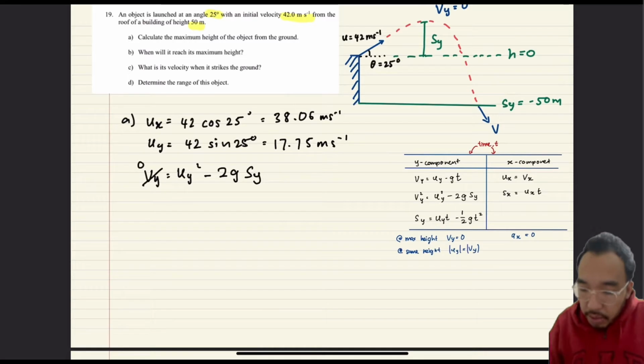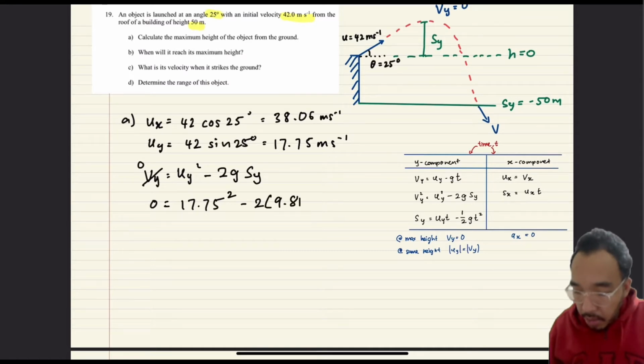Vy is equal to 0 because at this position it is at the maximum height where Vy equals to 0. The Vx will always be constant, but Vy will be changing. So 0 equals to 17.75 squared, don't forget the square, minus 2 times 9.81 times sy.